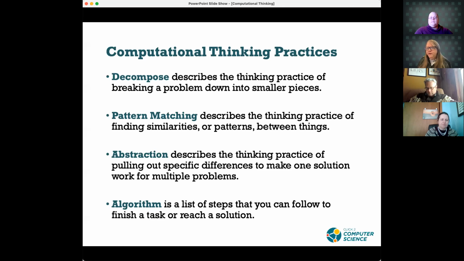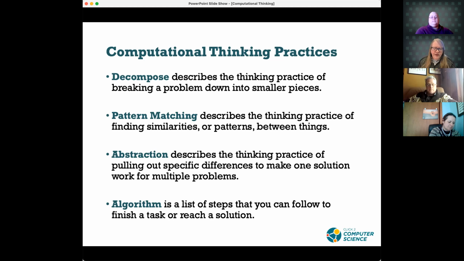And we can think about this in terms of the activity that we just did. We started out using decomposition to break the problem down into smaller bits, like 200 plus 1, that are easier to manage. And then we saw that there was a pattern, that's pattern matching, to find that there's 100 pairs in that sum.